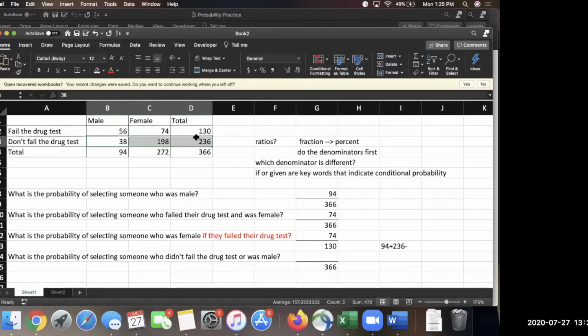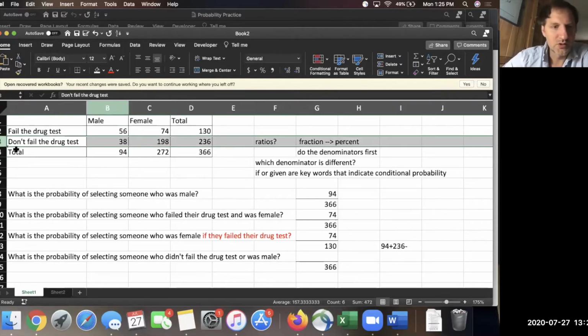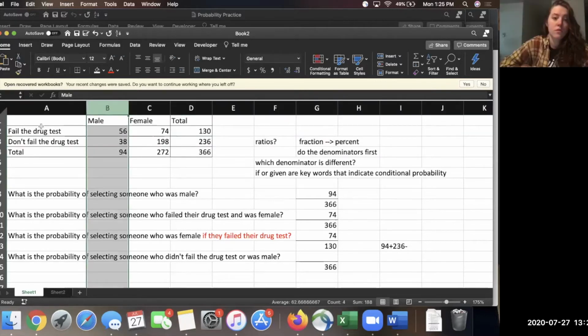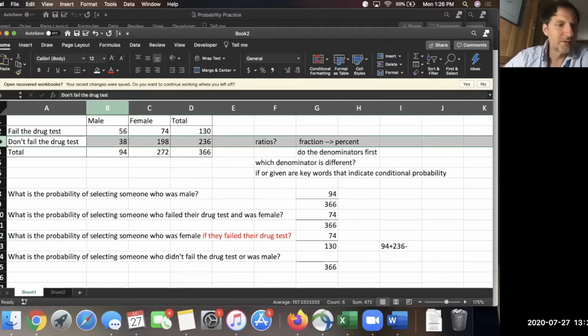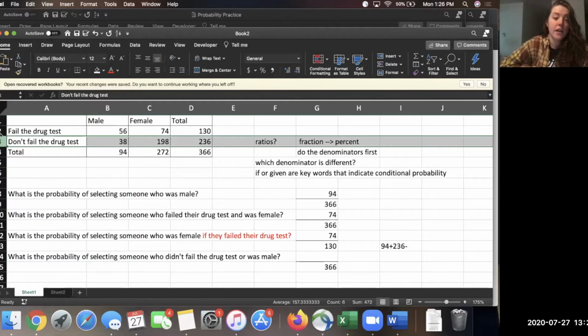Would you have to subtract the 198? Nope, that's not overlap. Where's the overlap between this column and this row? You don't want it to be counted twice. It's 38. 38's the overlap.